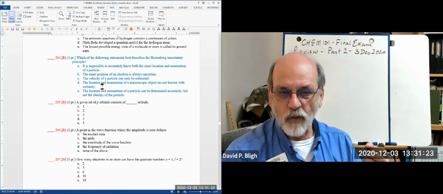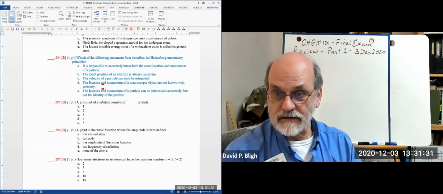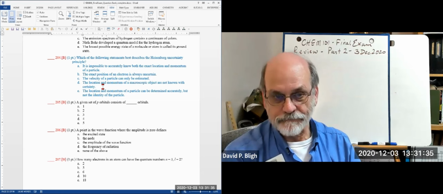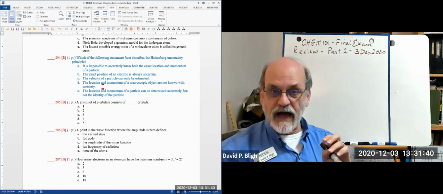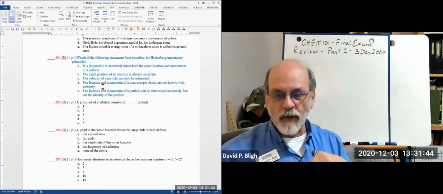The location and momentum of a macroscopic object are not known with certainty. Well, that's crazy, because the larger you get, the less effect the uncertainty principle has. So the Heisenberg uncertainty principle is only significant for very, very small particles.